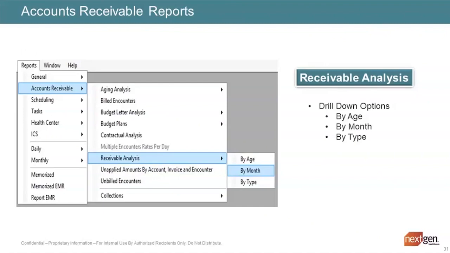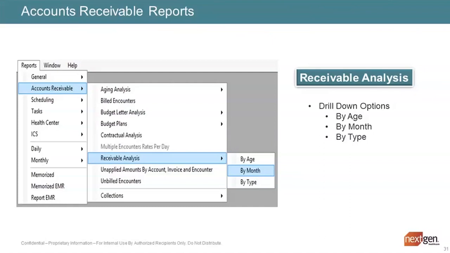I'm going to do a second level type of reporting, because if you're really assessing how your overall accounts receivables is doing, this is one of my favorite reports in NextGen: the account receivables analysis, here by month.